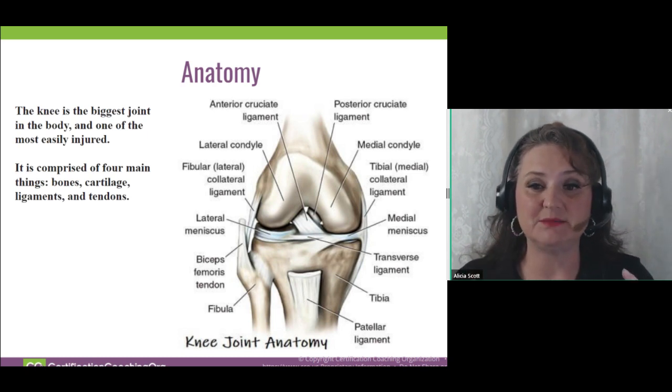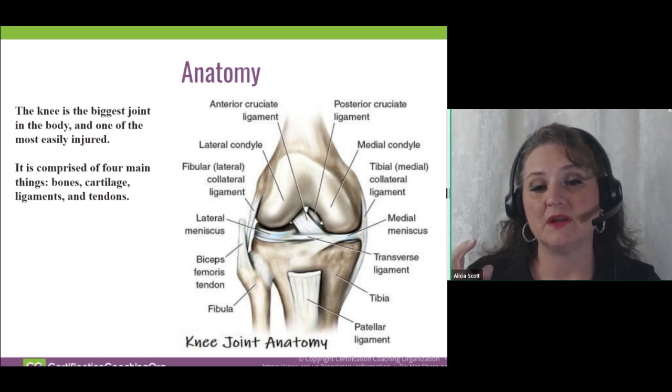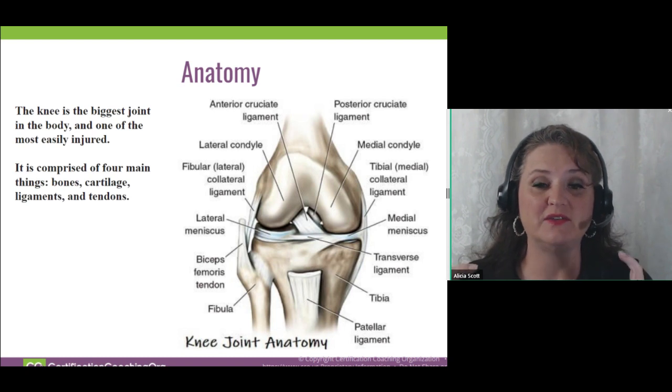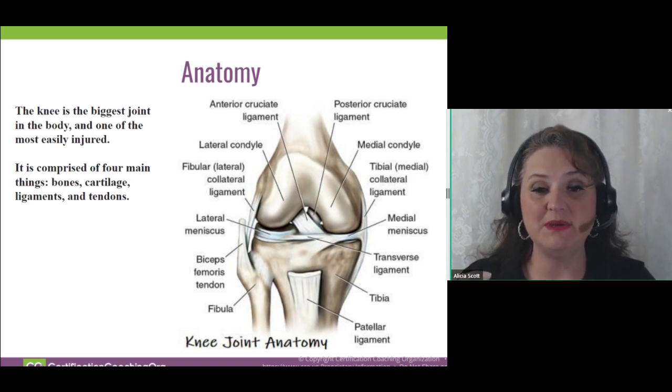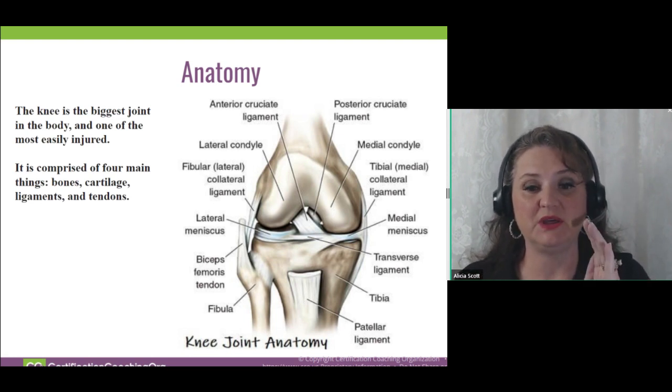Whereas you'll notice the ligaments on the outside, you have the medial and the lateral ligaments. So you have the tibial medial ligament, and then you have the fibular ligament, meaning there's a ligament coming up off the fibula connecting to the top bone.